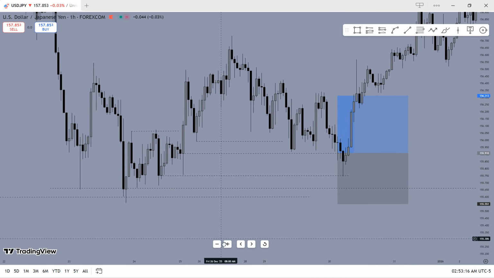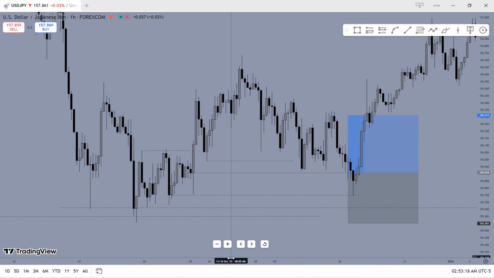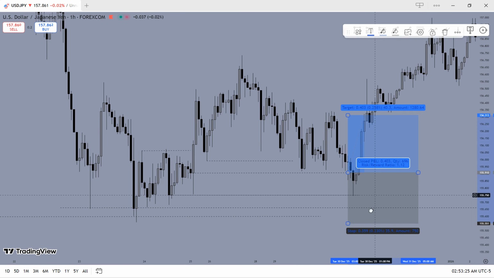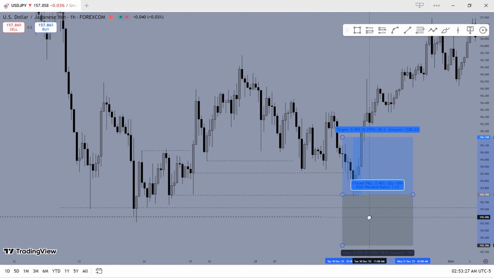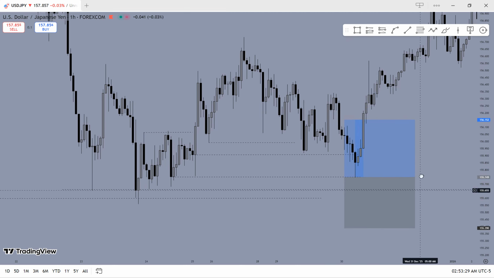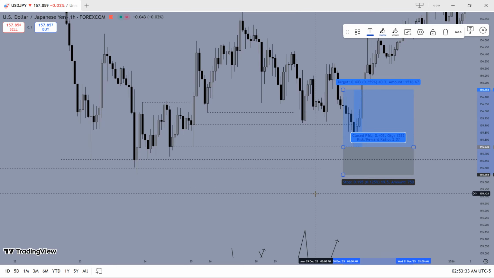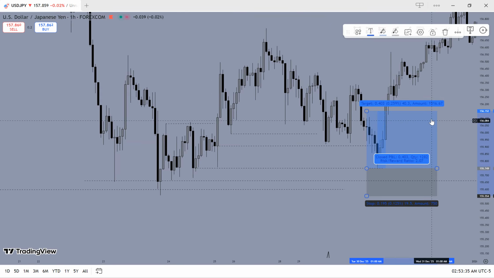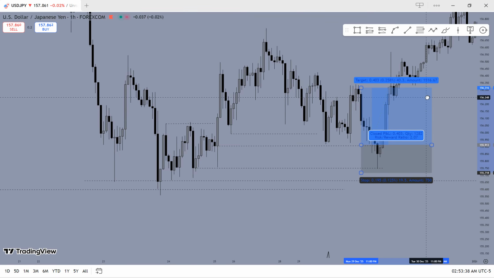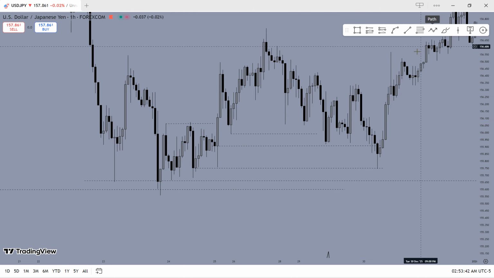Sure you get? So that's why we pick the ones that are closer to the sweep, so that our stop loss can be small. Sure you get? So we have our level here. We can cover this level right here now. Can you see? Stop loss is smaller compared to from here. So we'll pick the one that is closer, so our stop loss can be small.